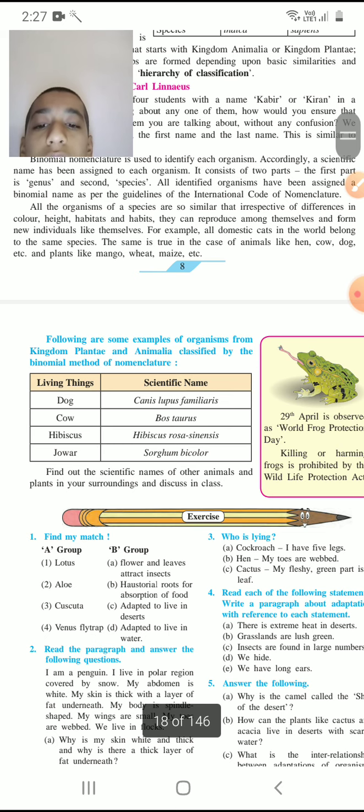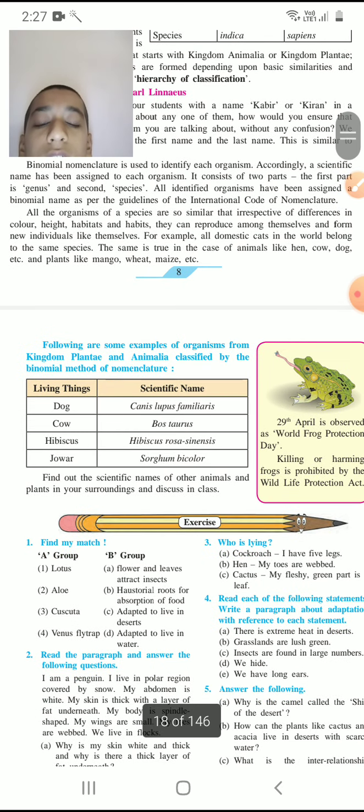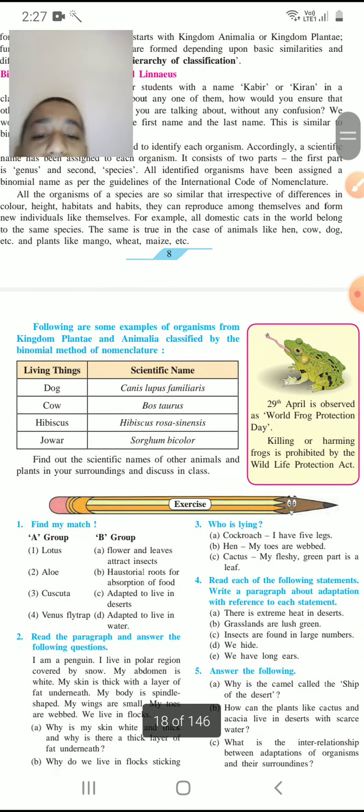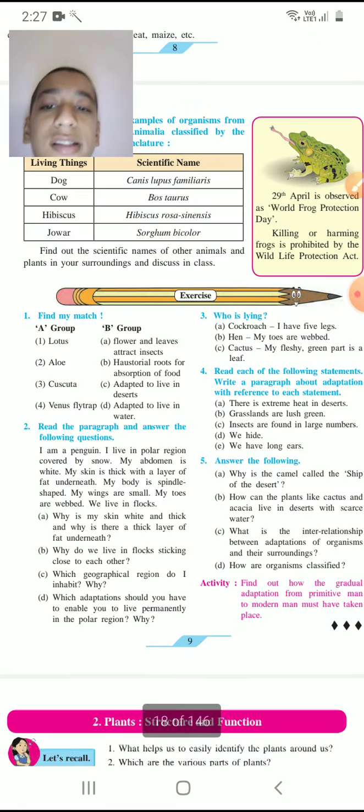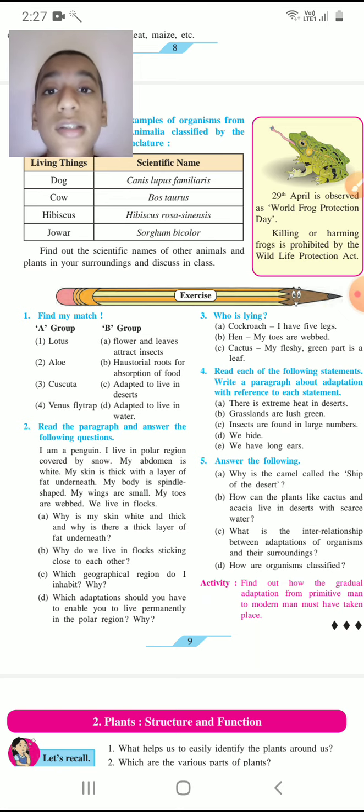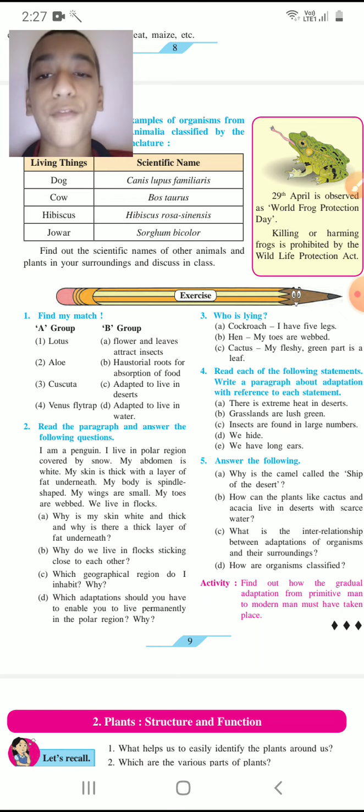Living things: dog, cow, hibiscus, jowar, and so on. So this will be done in the three times. So this is the exercise. Students, this is 7th standard, you have very tough question answers because you are going to a bigger class.